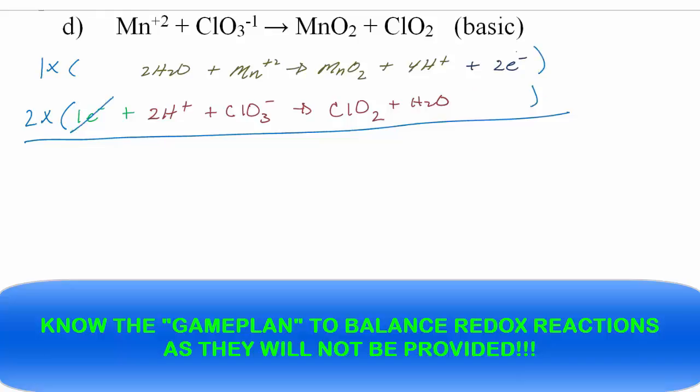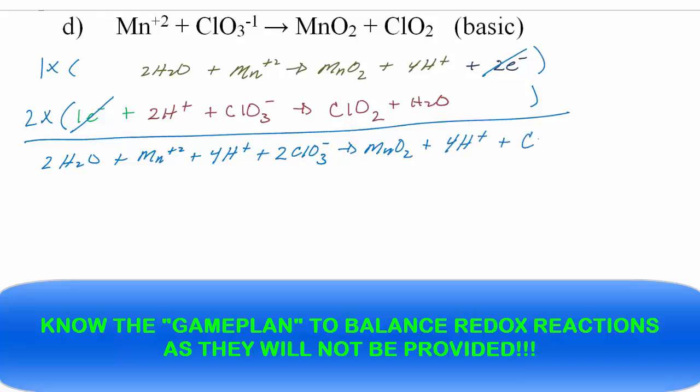So my electrons will cancel. So I have 2 moles of water, manganese 2+, plus 4 hydrogen ions, 2 chlorates. It's going to produce manganese 4 oxide, 4 moles of hydrogen ion, and 2 moles of chlorine dioxide, and 2 moles of water.